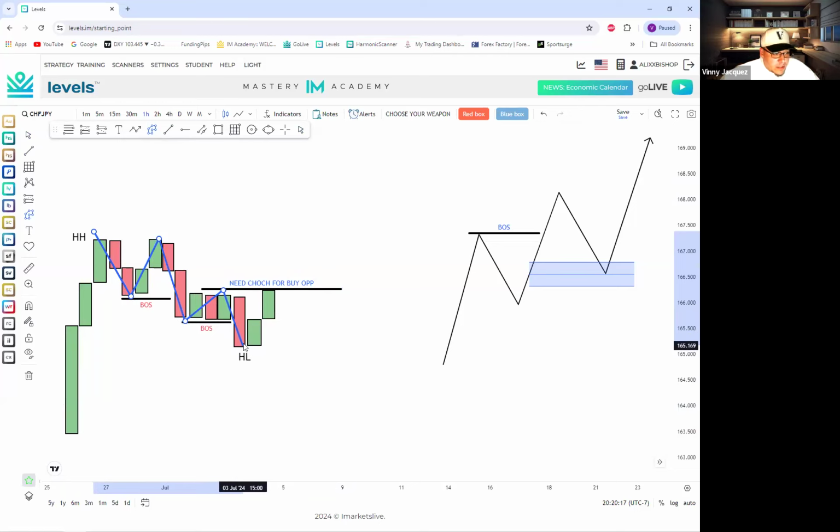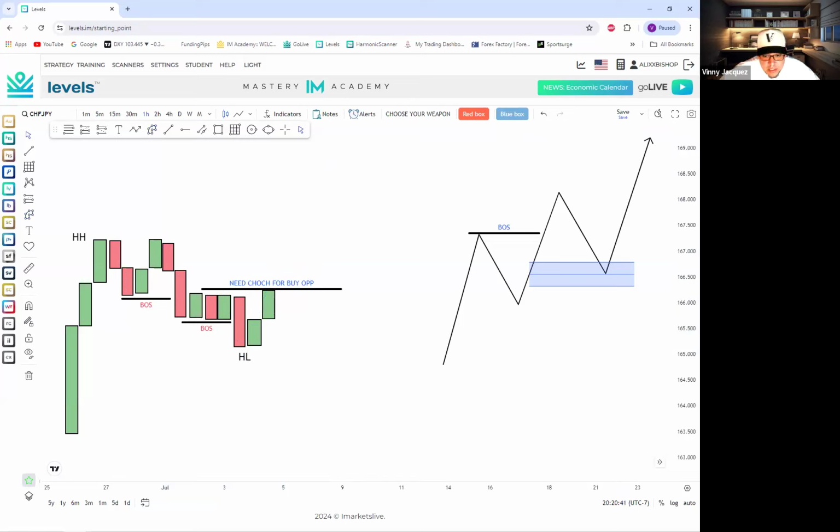Chris, my boy Chris. We need to look for that stair step. We have a low, a high, a low, a high, a low. Once we break structure and we change character to the upside, now we have double confirmation with the starting point and the shoulder to come back up. Does that make sense, Chris?